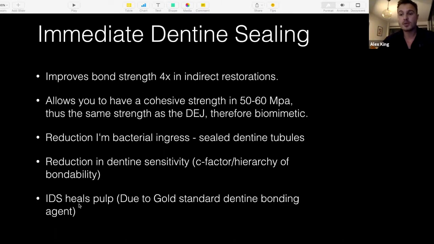And the reason as well is it heals the pulp, it forms pulpal dentine complexes, tertiary dentine formation. And also what happens is you get a bond strength, like I said, in the 50 to 60 megapascal range. Whereas with the Vitrebond on the bottom of the dentine, the Vitrebond's bond strength is only 6 to 8 megapascals. So you're losing out on 4 to 5 times difference in bond strength in that area.